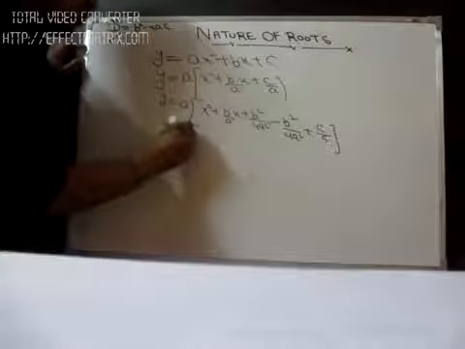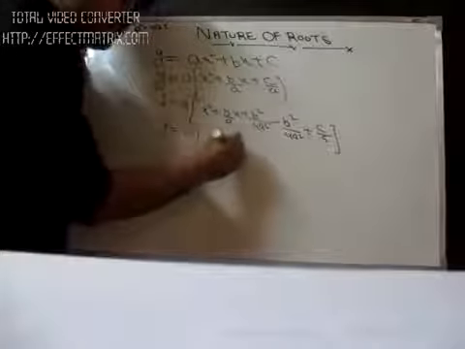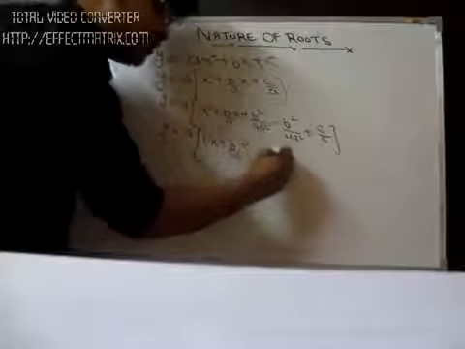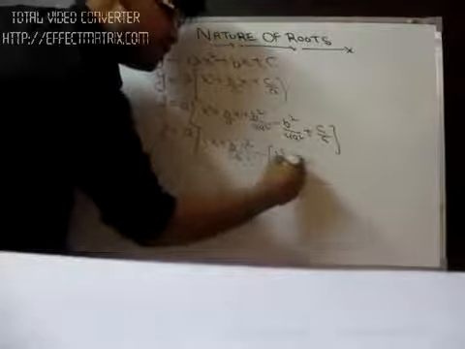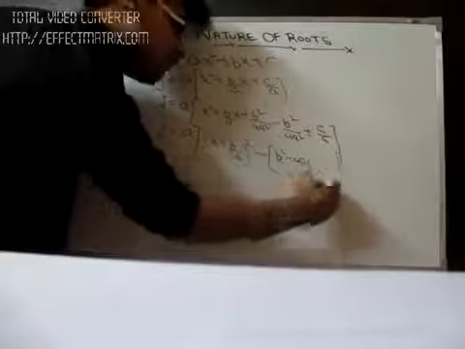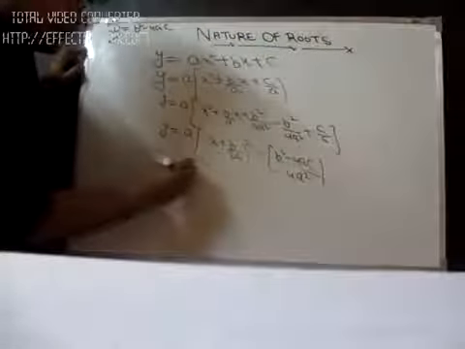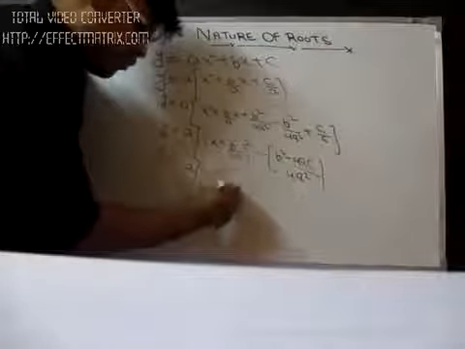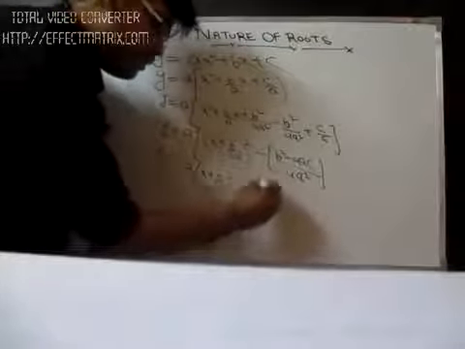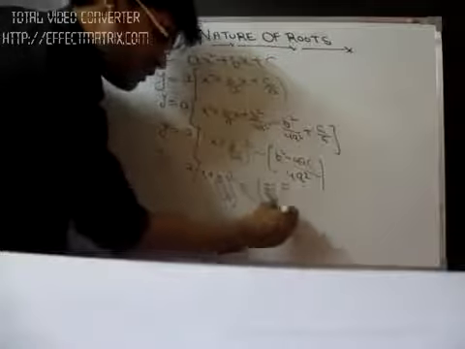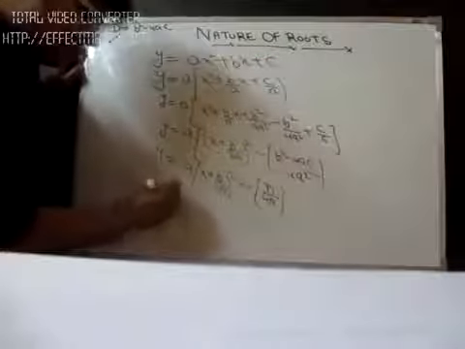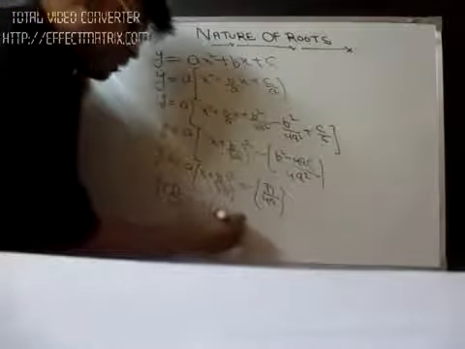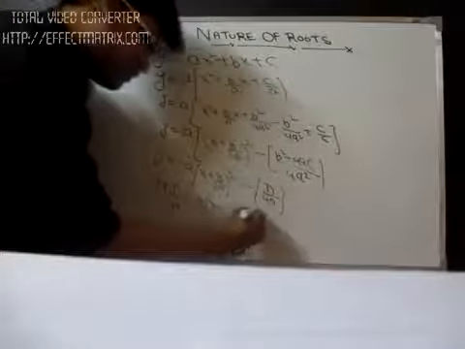So y is equal to a times x plus b by 2a whole square minus b square minus 4ac divided by 4a square. Means y is equal to a times x plus b by 2a whole square minus D by 4a. So y plus D by 4a is equal to a times x plus b by 2a whole square.